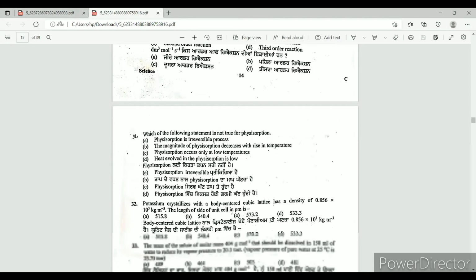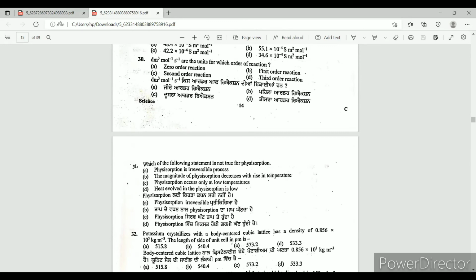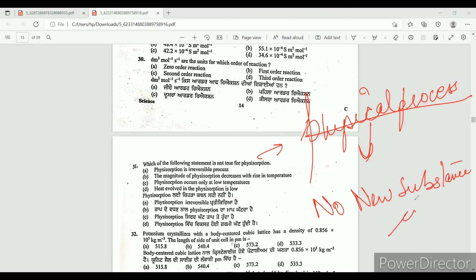The next is, which of the following is not true for physisorption? From the name itself, it is clear it is a physical process. That means there must be a physical change, and in physical change, we know very well, no new substance is formed.